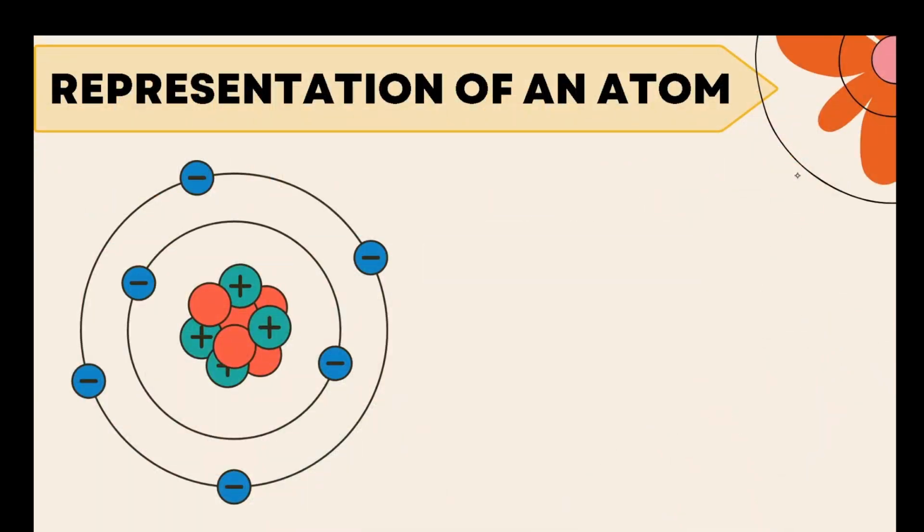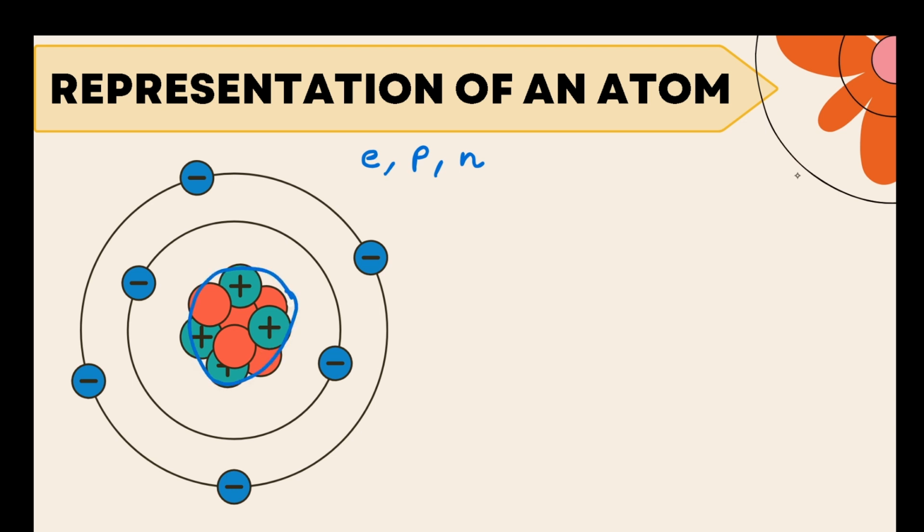So firstly we'll understand the representation of an atom in terms of the modern atomic theory. We know that we have the subatomic particles. These subatomic particles are electrons, protons and neutrons. Inside the core of the atom we have the nucleus.